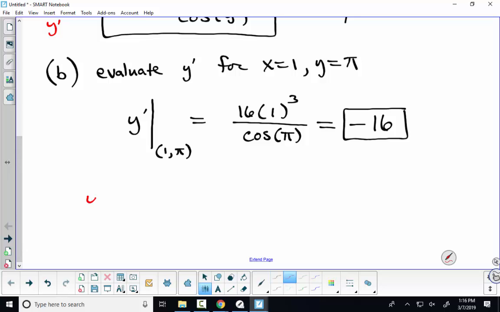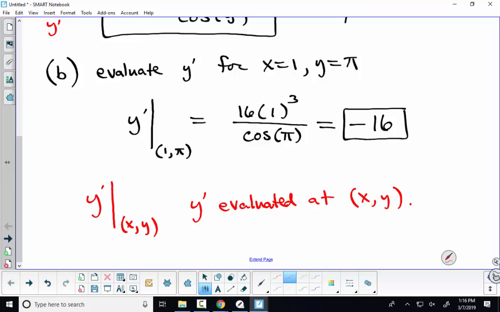So this notation is y prime evaluated at the point. That's the slope of that curve, sine y and so on, at that particular point.